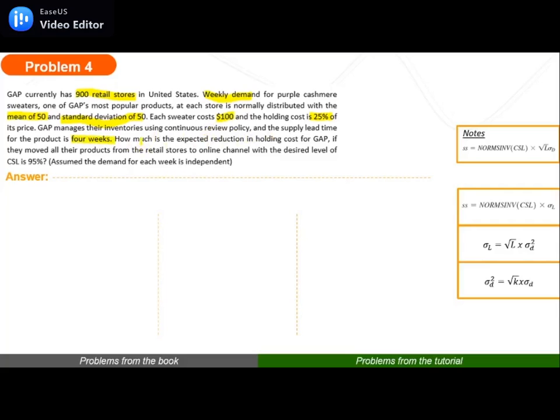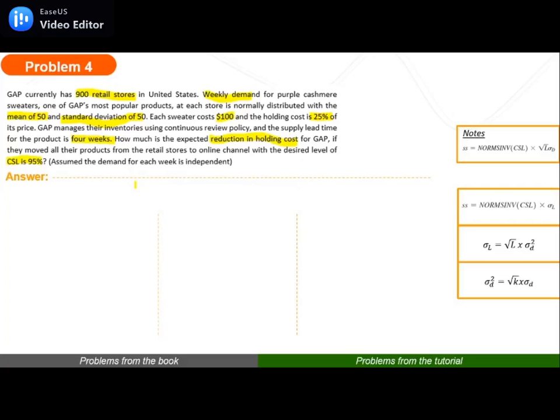The question is, how much is the expected reduction in holding costs for GAP if they move all the inventory from retail stores to the online channel, with the desired level of CSL of 95%. Assume the demand for each week is independent.